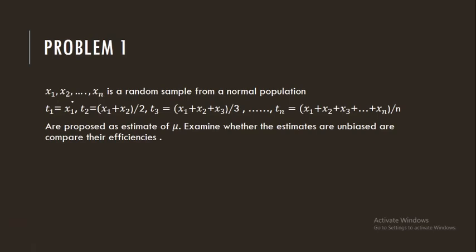x1, x2, etc., xn is a random sample taken from a normal population with mean mu and variance sigma square. We are given several statistics: T1 equal to x1, T2 equal to x1 plus x2 divided by 2, etc., up to Tn equal to x1 plus x2 plus etc. xn divided by n.